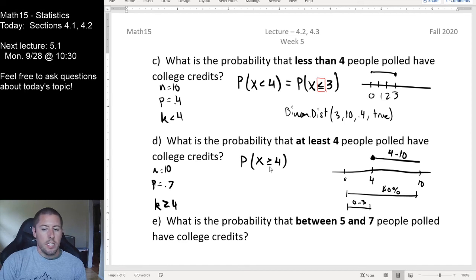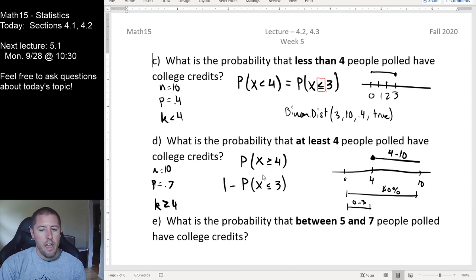So in general, a smart way to do our upper cumulative probabilities is to think of it as all the people that didn't give us those parts right there. This is like saying, if I came back with 0, 1, 2, or 3 people having told me that they have college credits, then I would not have satisfied what I'm looking for, to see at least 4 people polled have college credits.